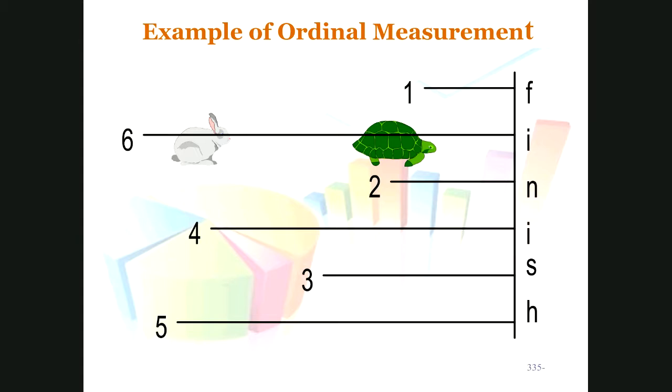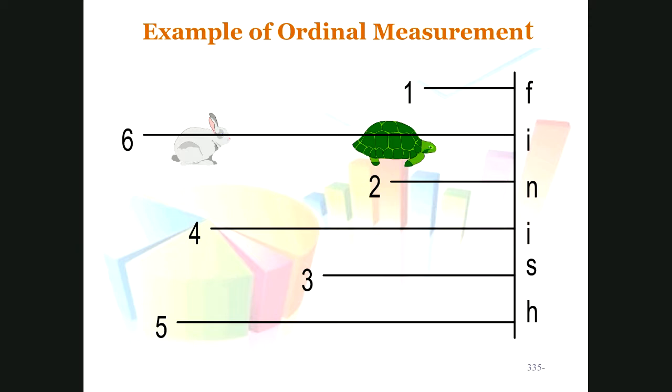The example on the PowerPoint, if people are familiar with Aesop's fables, is the race between the hare and the tortoise. The tortoise finished first ahead of the hare, and the ranking was 1. The ranking for the hare was 2, because it was only a race between 2 animals, the hare and the tortoise.